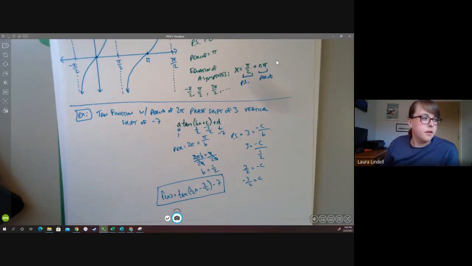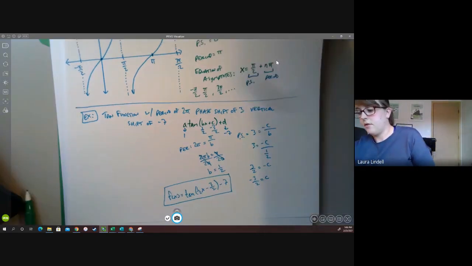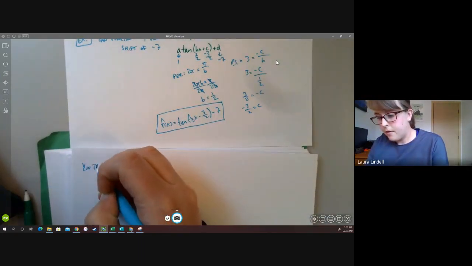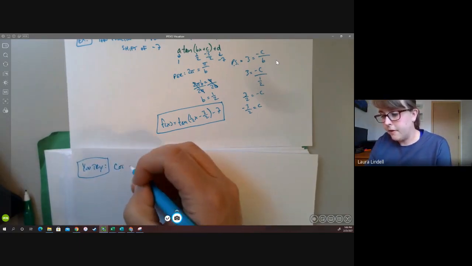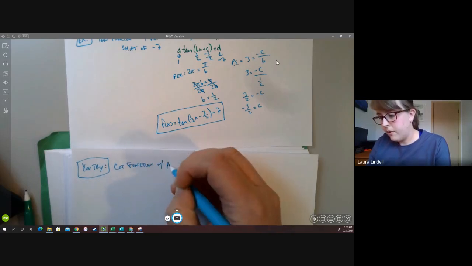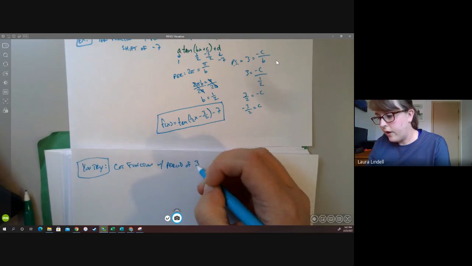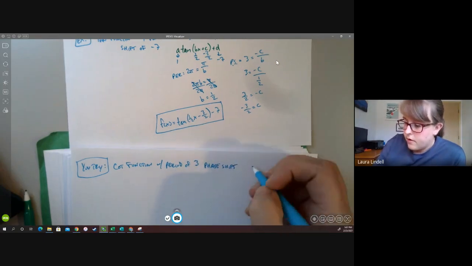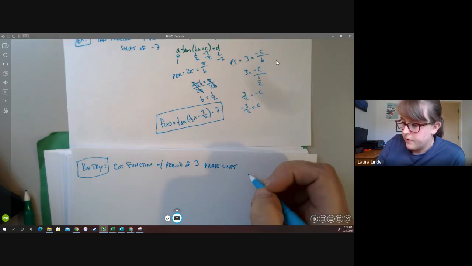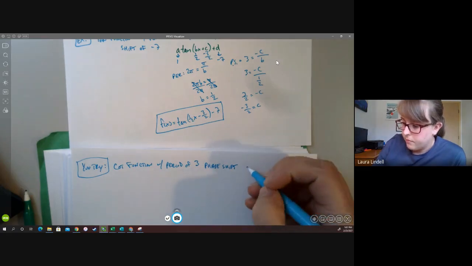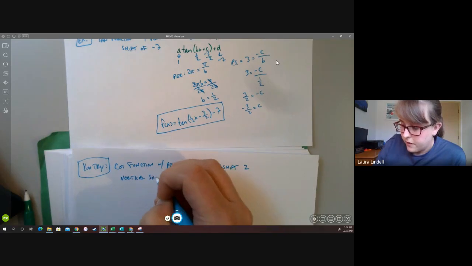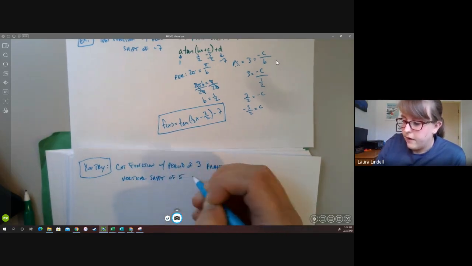I'm going to have you try one of these. This time, we want a cotangent function with a period of 3, phase shift, we'll go with a phase shift of 2, vertical shift of 5.